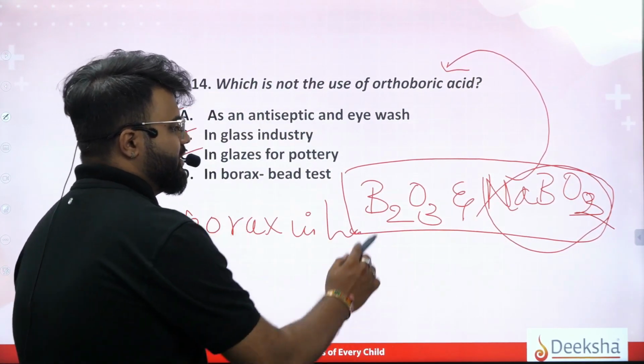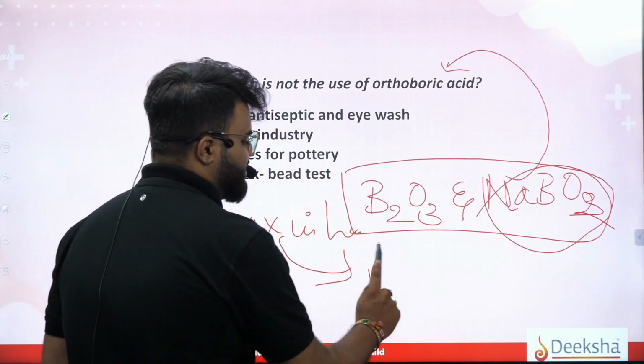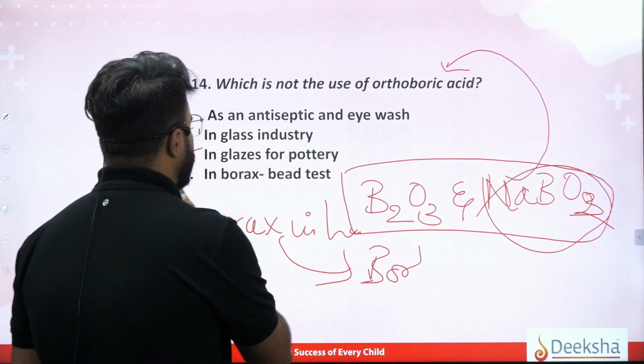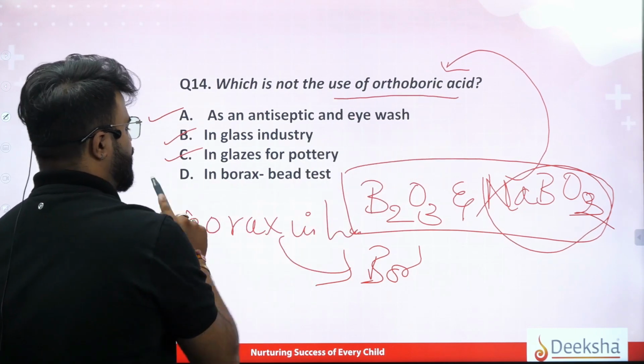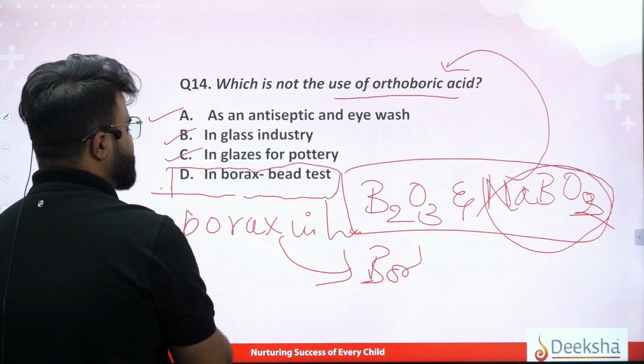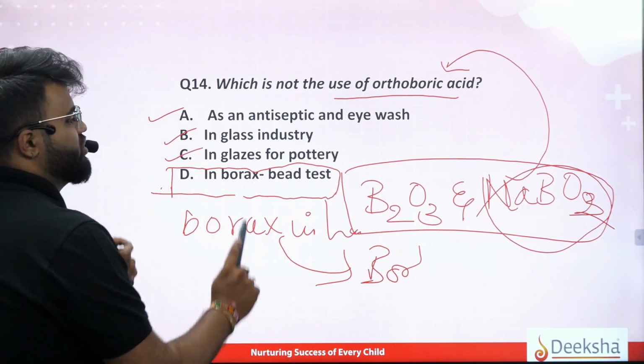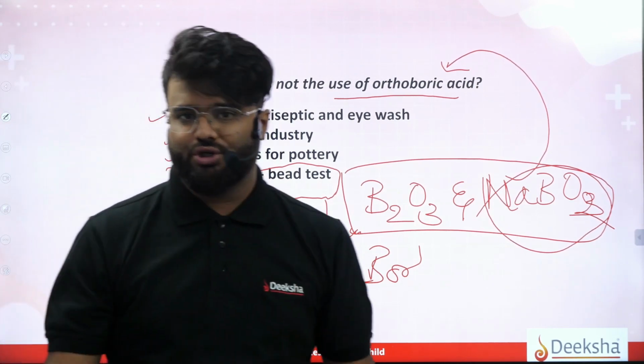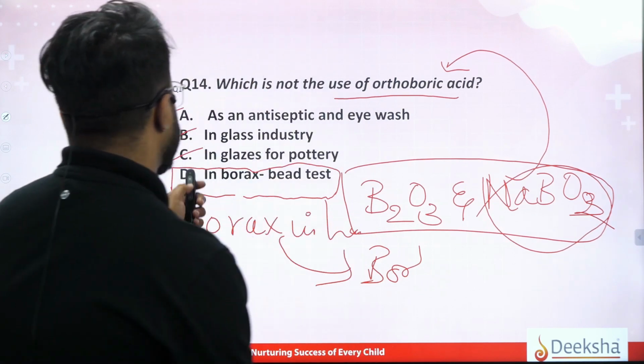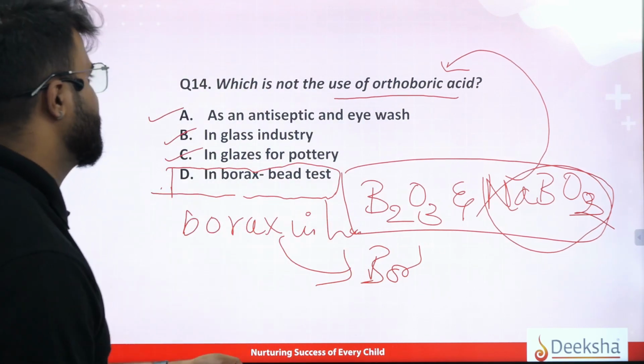This is used in the borax bead test, but here it is not the use of orthoboric acid. Then your correct option is D, that is, in the borax bead test, orthoboric acid is not used. Simple. Then your question number 14 answer is option D.